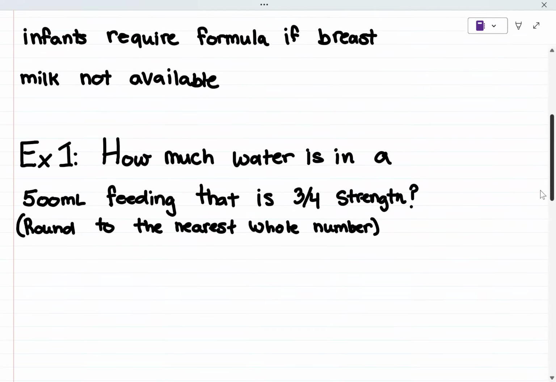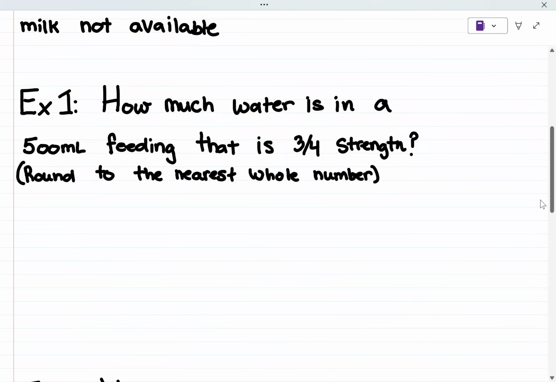So let's start with example one. They're asking you how much water is in a 500 milliliter feeding that is three-fourths strength, round to the nearest whole number.